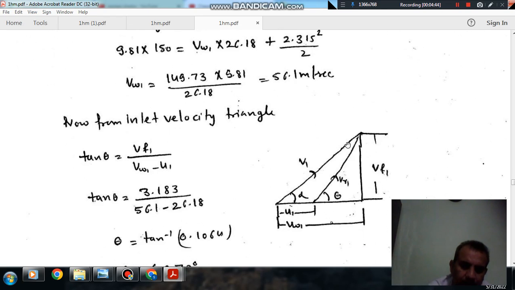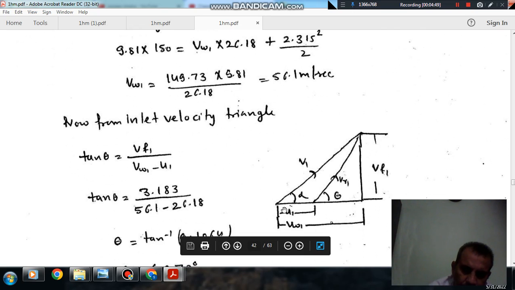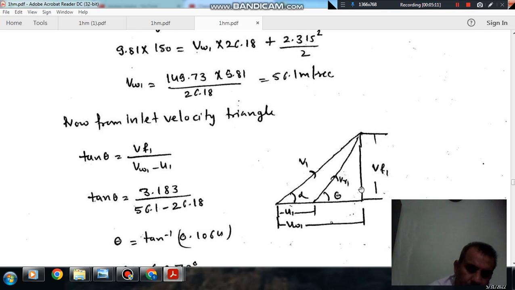Now consider the inlet velocity diagram. This is the absolute velocity, this is the relative velocity, this is the blade velocity at inlet, this is the work component of velocity, and this is the flow component of velocity. As there is no velocity of blades in the direction of flow, this also represents relative velocity.